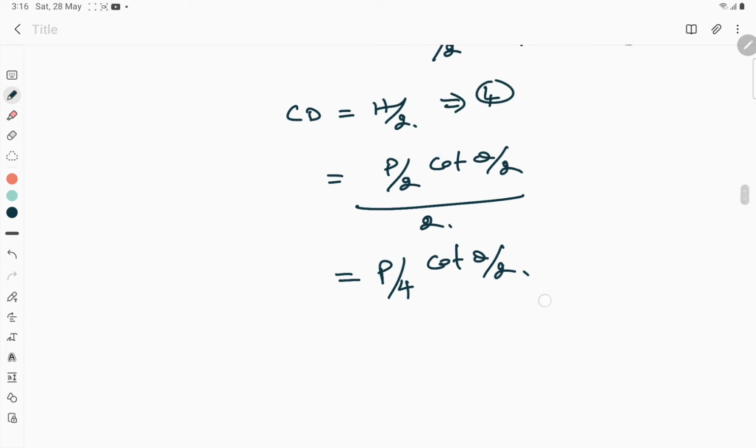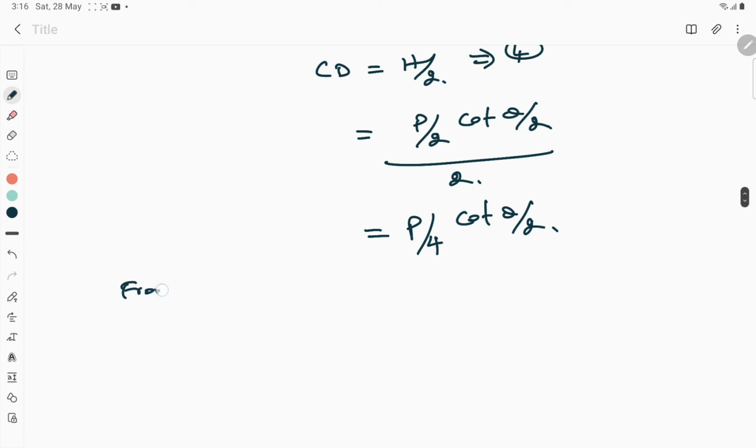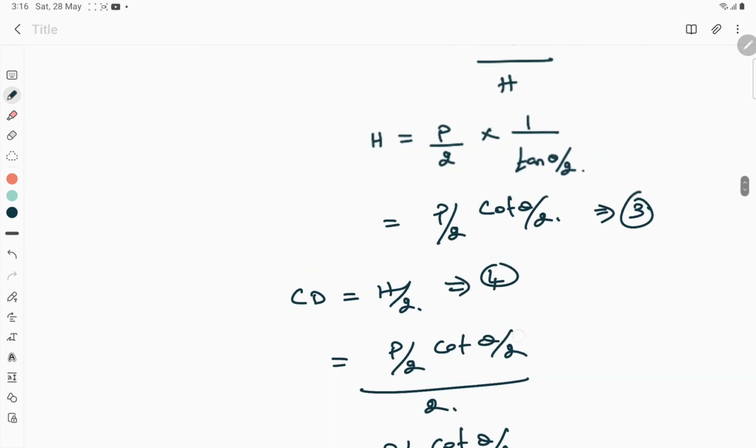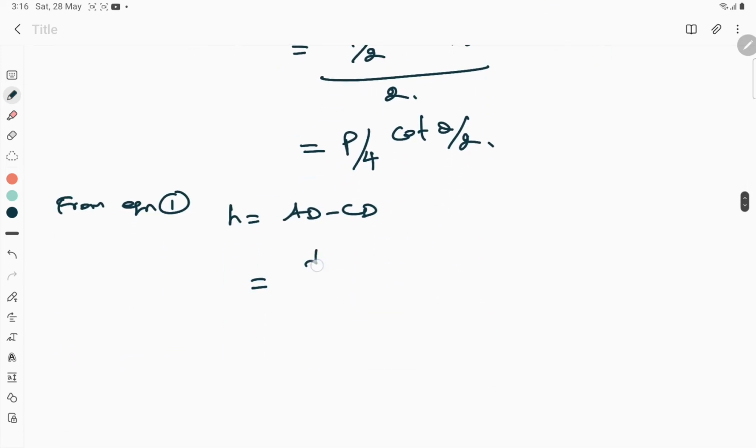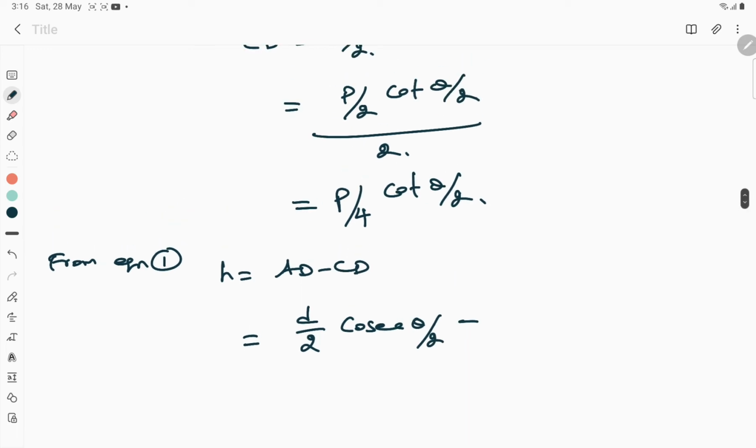Now from equation 1 we know h is AD minus CD. From equation 2 we found AD is d by 2 cosecant theta by 2 minus CD. CD we just found is p by 4 cot theta by 2.